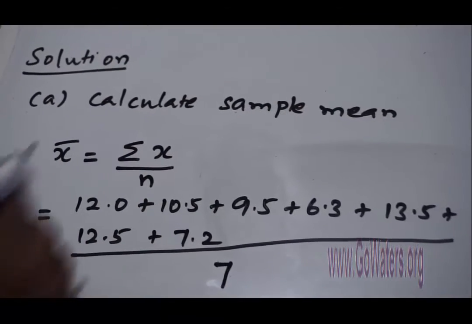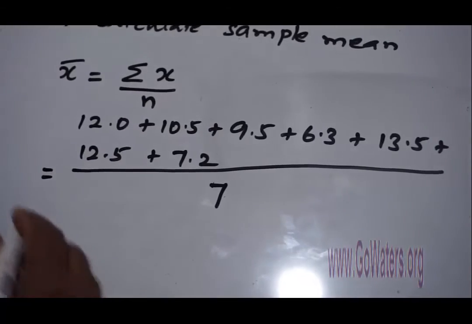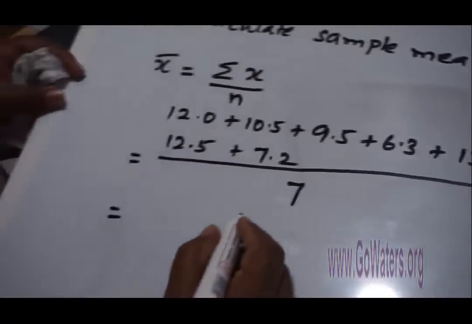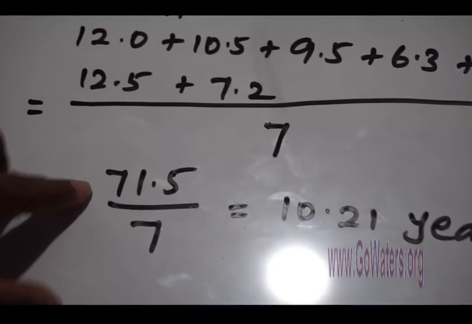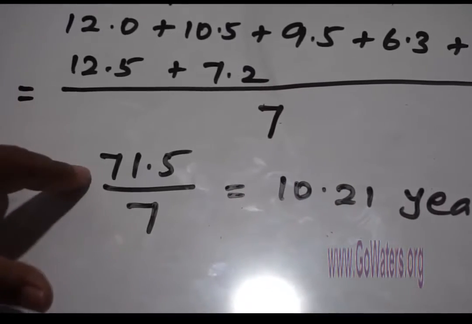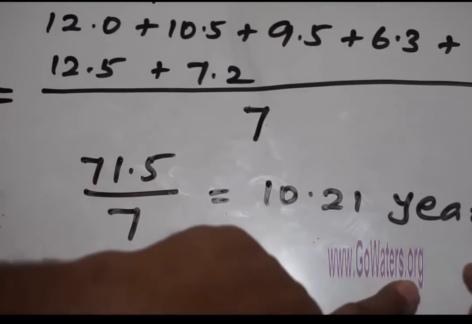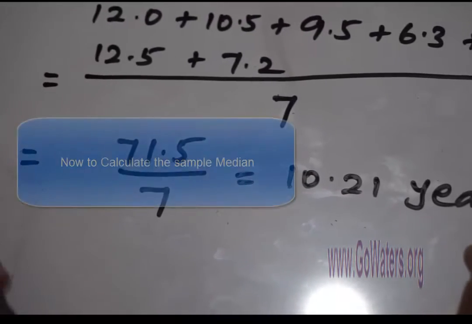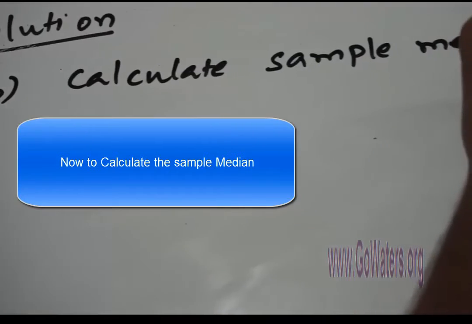Okay. If you have a calculator, you can use it to add them, or you can do it by hand. The numerator is 71.5, and the denominator is the sample size, which is 7. So 71.5 over 7 gives approximately 10.21 years. So the average incubation period for the HIV patients is 10.21 years.